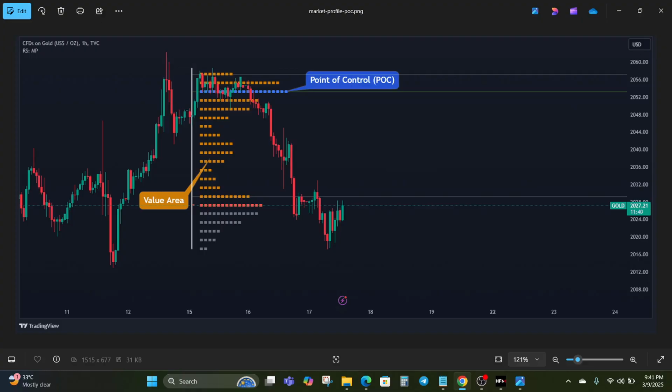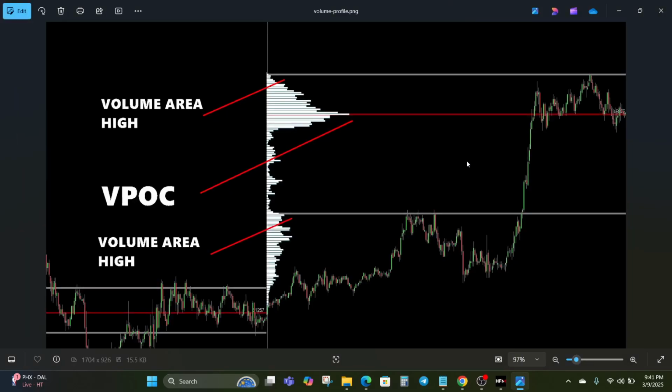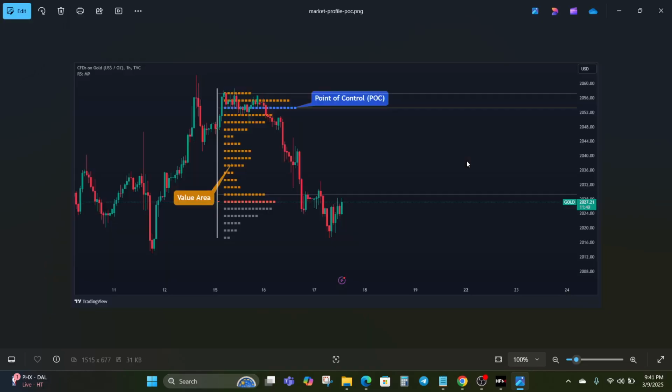These two tools are often used interchangeably by traders, but they have key differences that can affect your trading strategy. So, which one should you use and when? Now, let's break it all down so you can make smarter trading decisions.